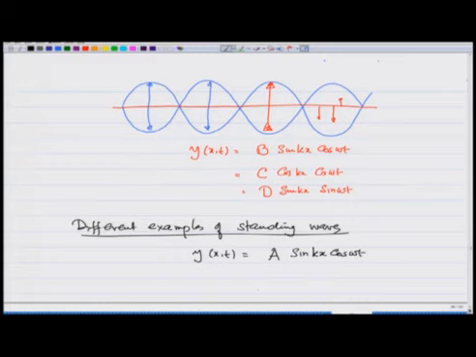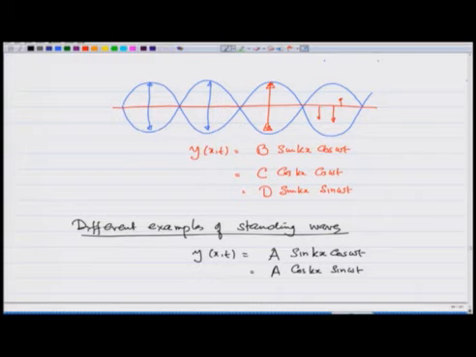I might take, depending on where I choose my x, some other form according to my own convenience, but that does not matter. So, I could also choose, for example, a cosine of k x sine of omega t, or some other combination, but this is the general form.